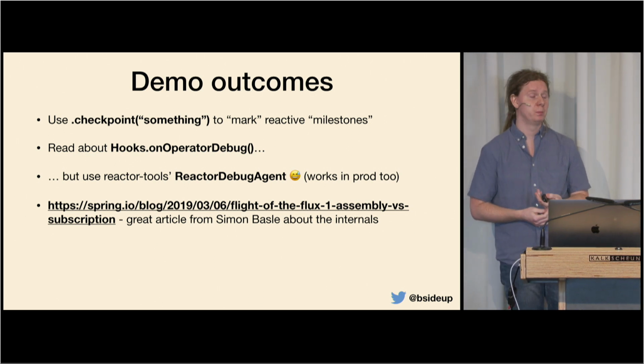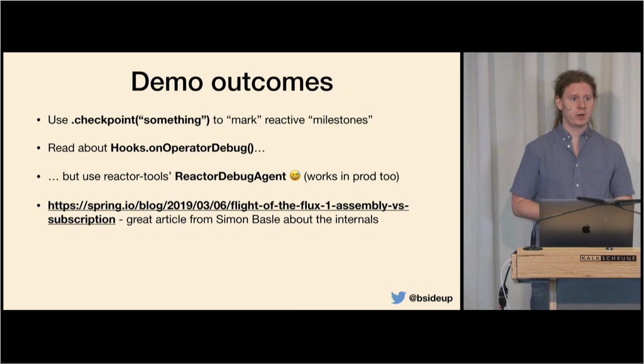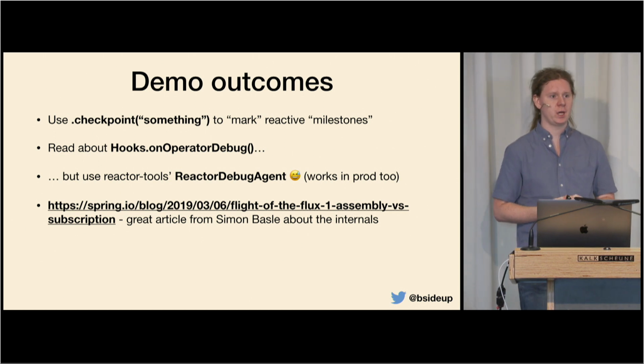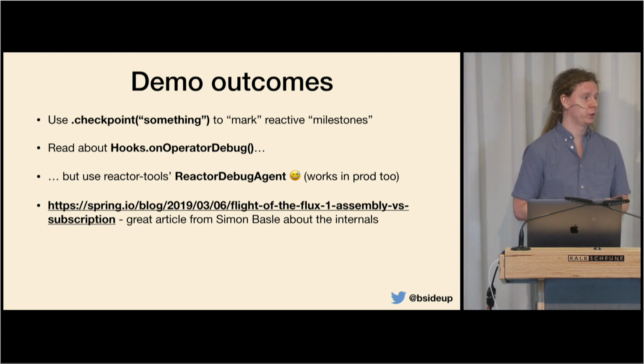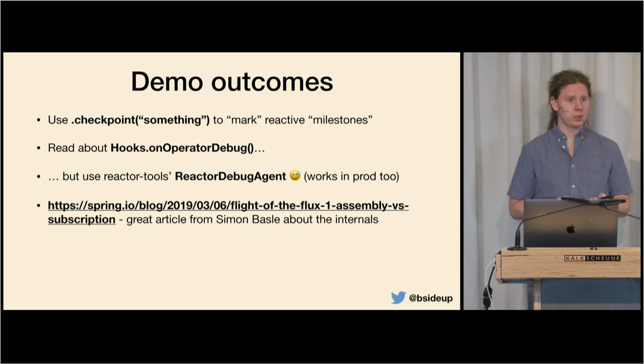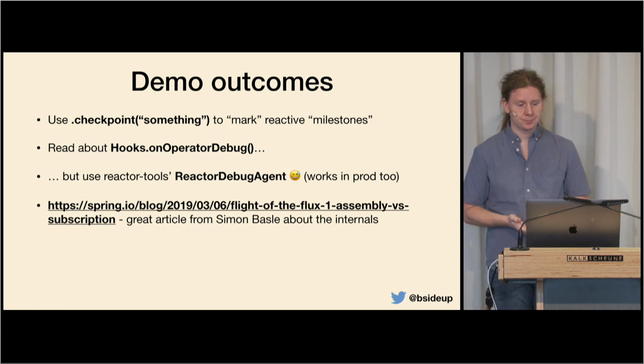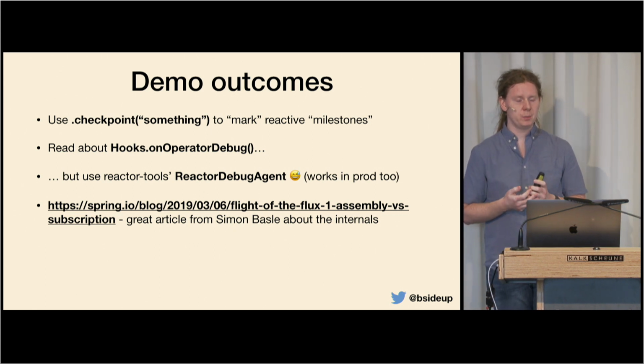then read the documentation. But Reactor Tools provides the agent which can be used in production, and it's a huge advantage. And this is why I would recommend using Reactor debug agent everywhere you can, also because of the returns. Keep in mind that a Java agent applies some limitations to what your application should be able to do.